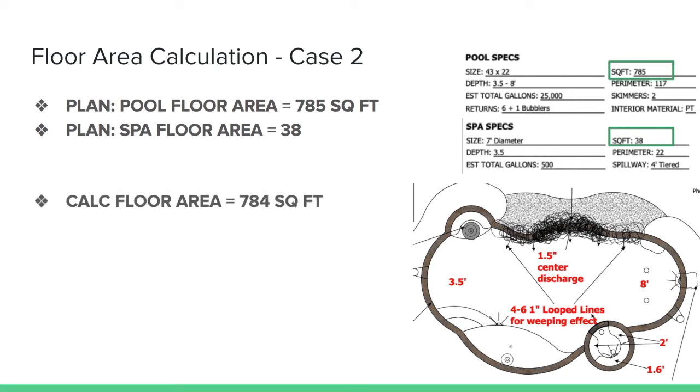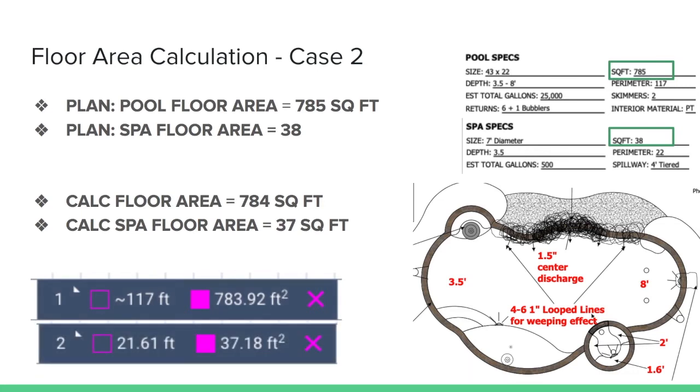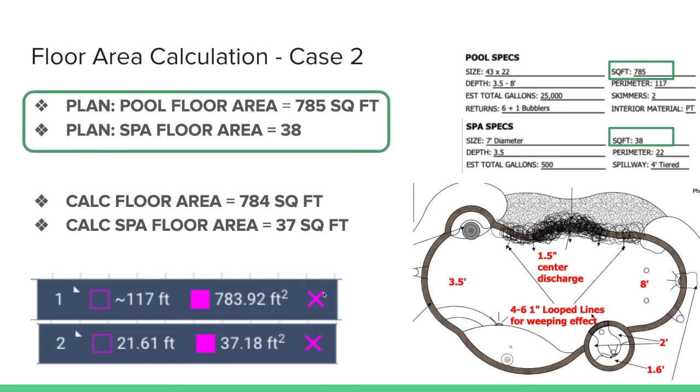I also ran this example through the app, and the calculated floor area from the app is 784, which is spot on to what the plan says. And for the spa it is 37, and again, spot on. Here are the actual values that were spit out by the app, so you can see them for yourself. So we have the area of the floor, 785 and 38.